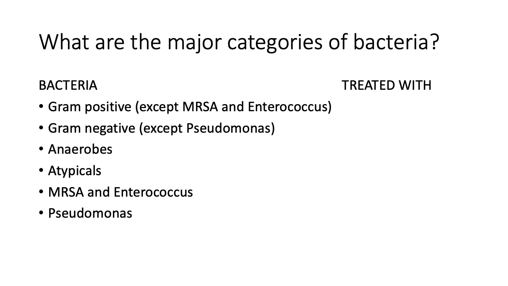But for a new and antibiotic naive patient, I like to break down bacteria into 6 major categories: gram positive except for MRSA and Enterococcus, gram negative except for Pseudomonas, anaerobes, atypicals, MRSA and Enterococcus, and finally Pseudomonas.